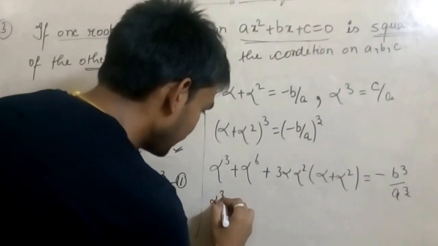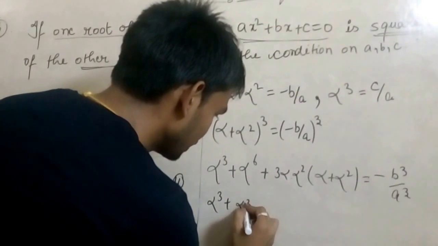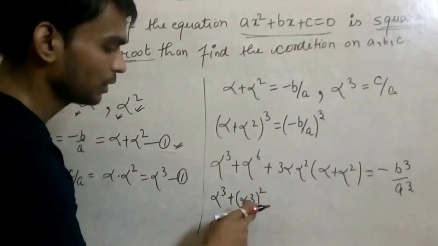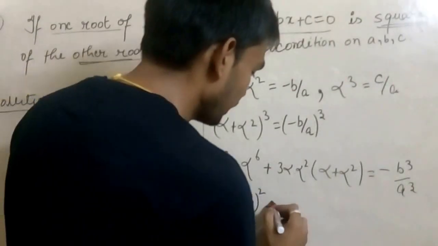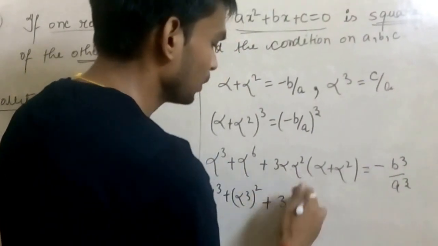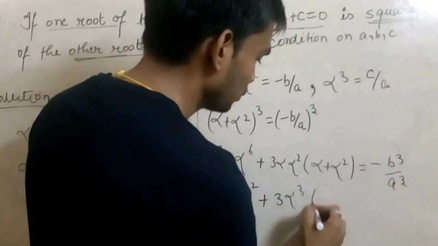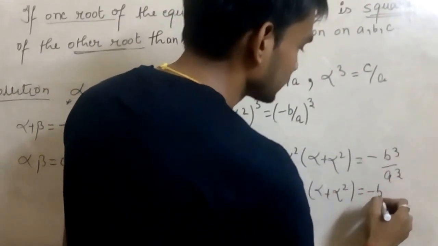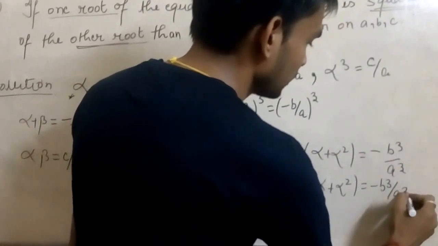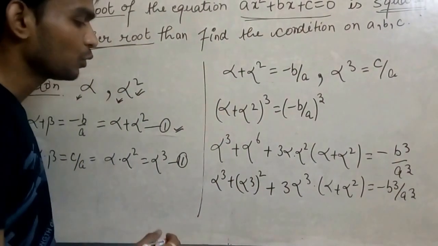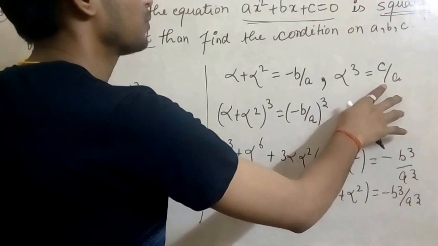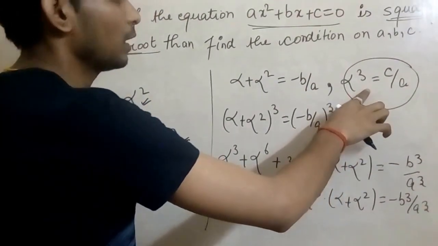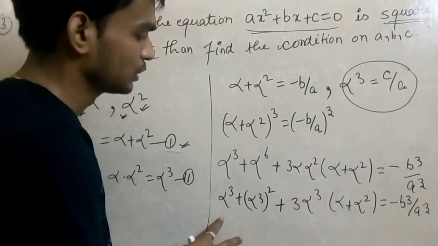Here alpha to the power 6 is alpha cube whole square, and 3 alpha into alpha square is alpha cube, into alpha plus alpha square, equal to minus b cube divided by a cube. So put the value of alpha cube equal to c by a in this equation.